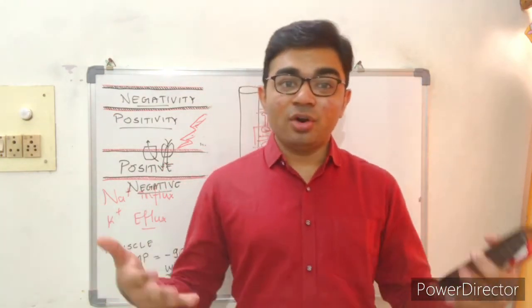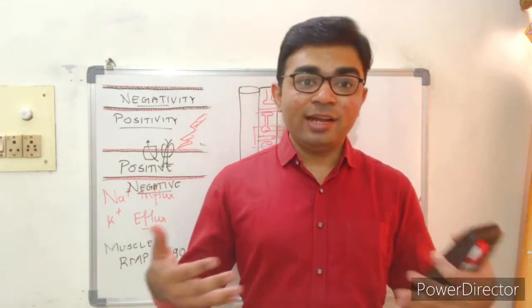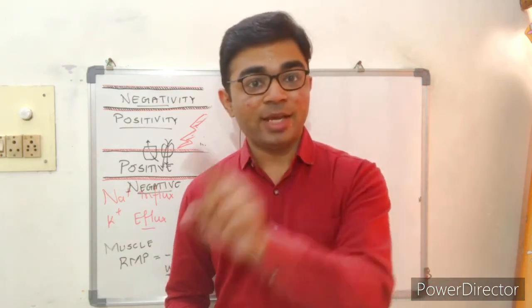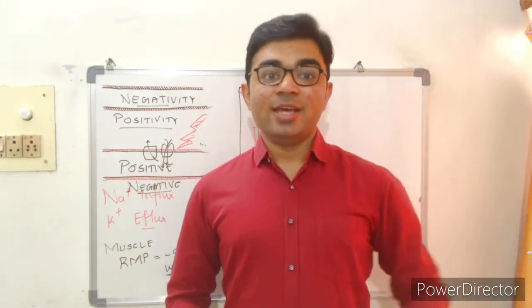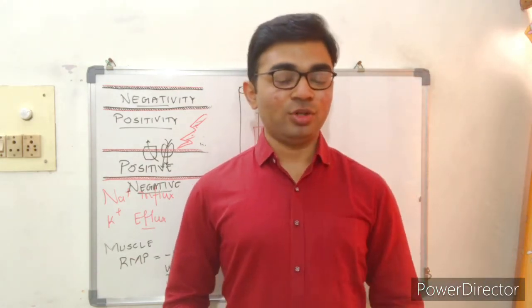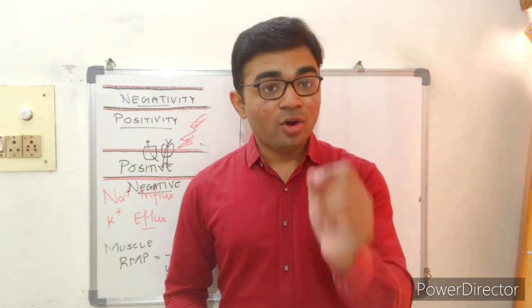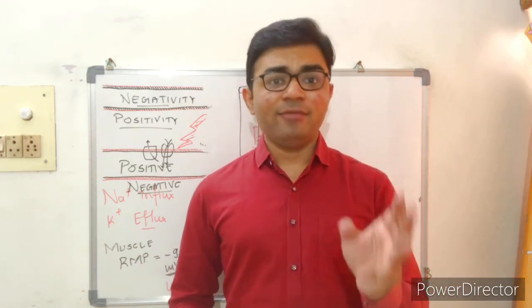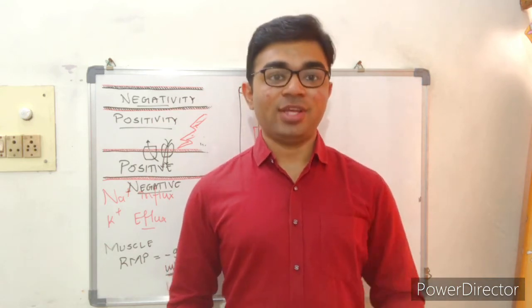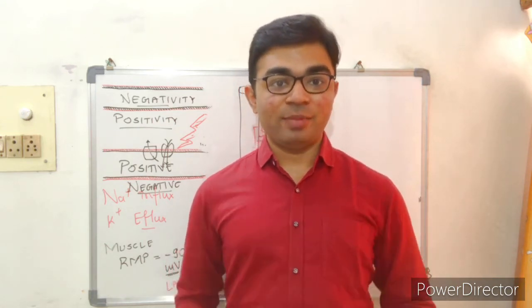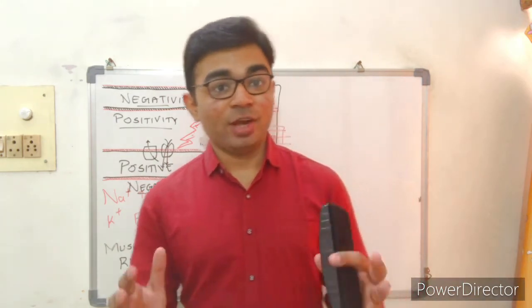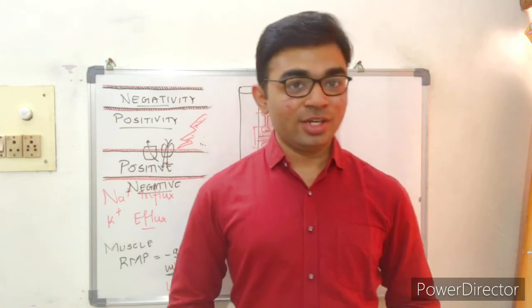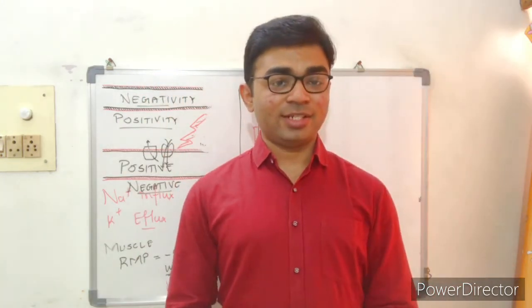The excitation contraction theory, or I can say the sliding filament theory, is going to happen because it was triggered by the calcium ions released from the cisternae, which reach the level of the contractile elements of the muscle: tropomyosin, troponin, actin filament and myosin filament. Four things are there in this muscle fiber. So that was the whole thing: if we combine the sarcotubular system, contractile elements of the muscle and the action potential, this is how the whole concept gets cleared.